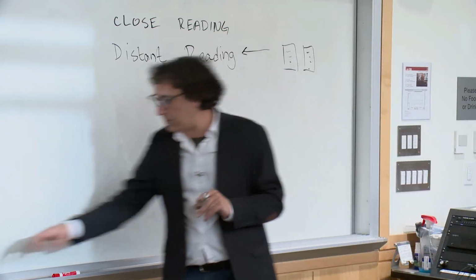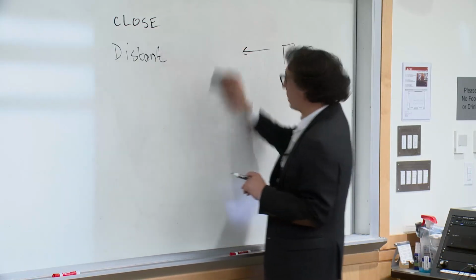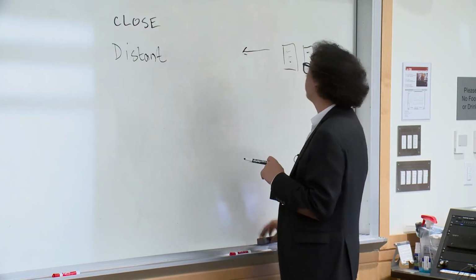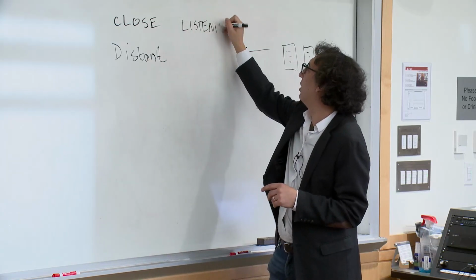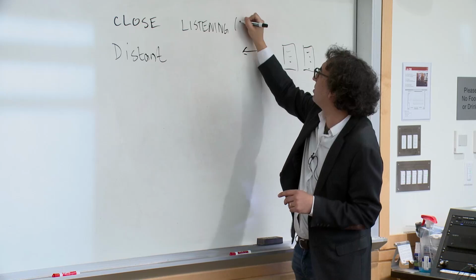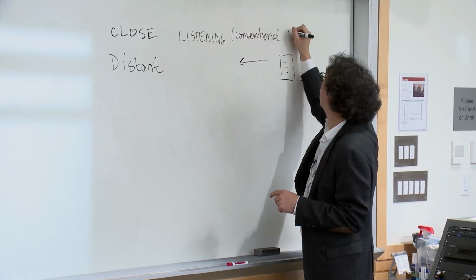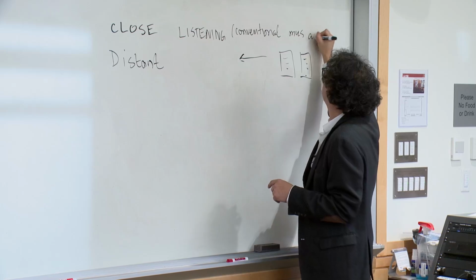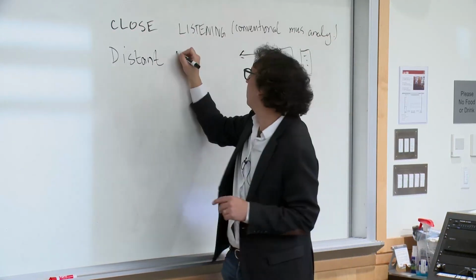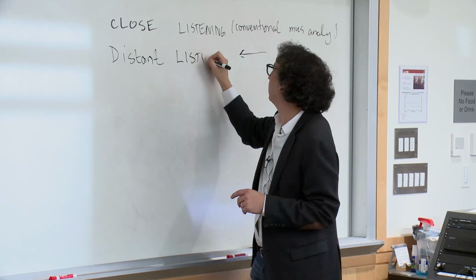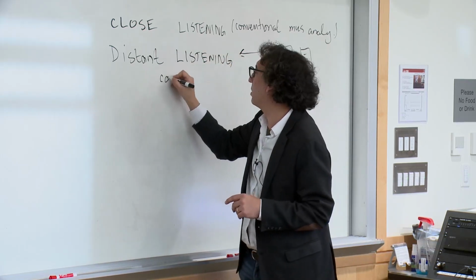So some of us who work on corpus studies have started, in music, replacing these terms with close listening, which is conventional music analysis, and distant listening, which is corpus studies.